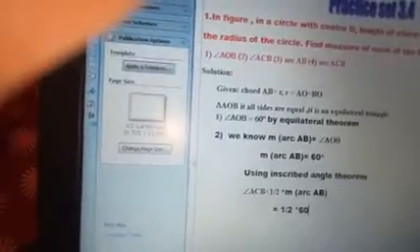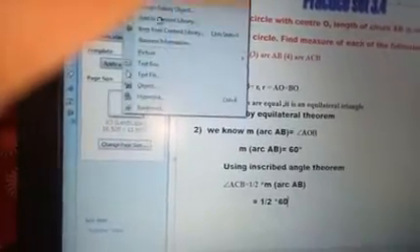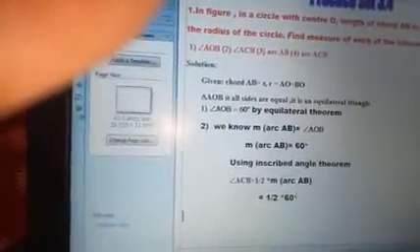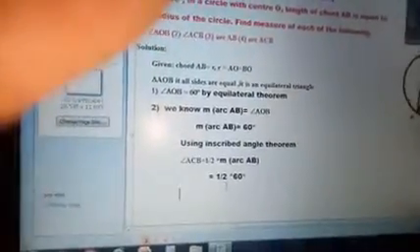So 60 divided by 2 will become how much? 30 degrees.